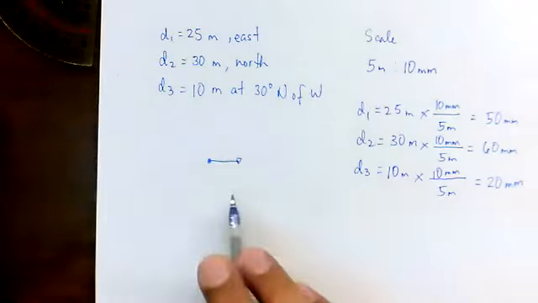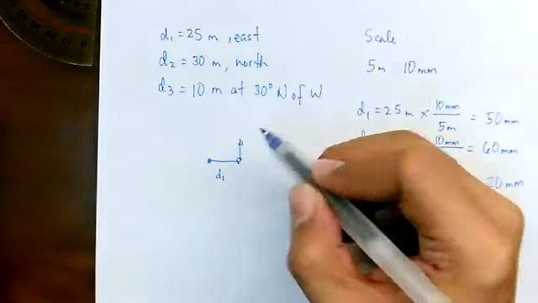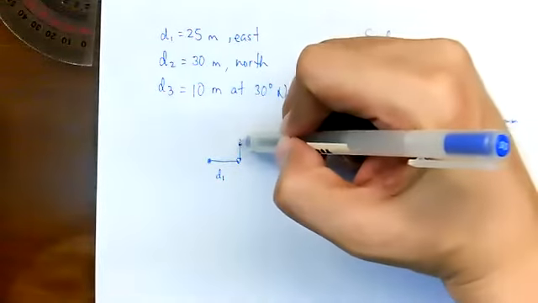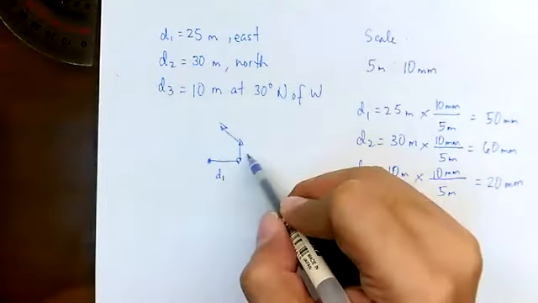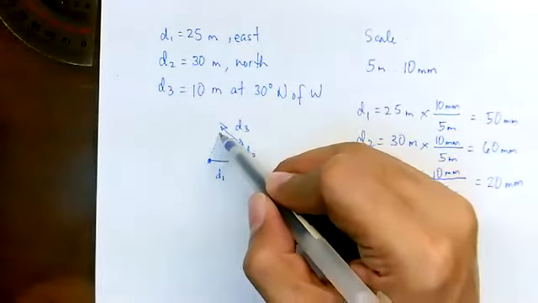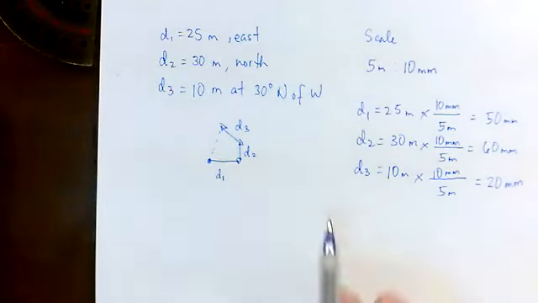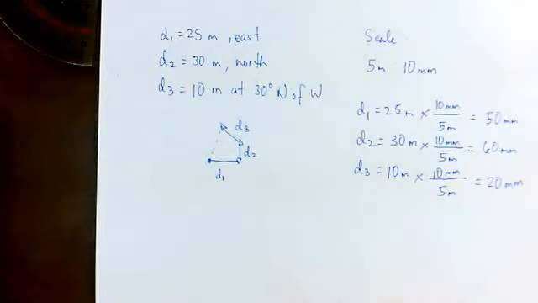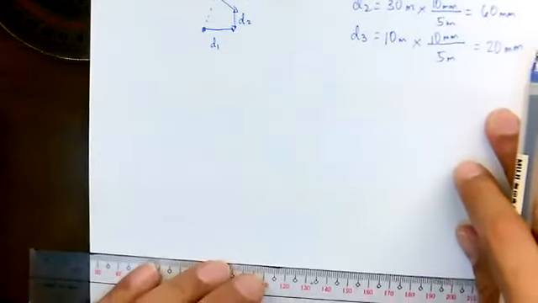D1 heads east first, then D2 heads north, and then the third vector goes 30 degrees north of west. Somehow, these three vectors would go in this direction, and this is our resultant. I did not measure these estimates yet; this is important only so that we know where to start on the paper. Since we know this is the direction, let's start at the lower part.